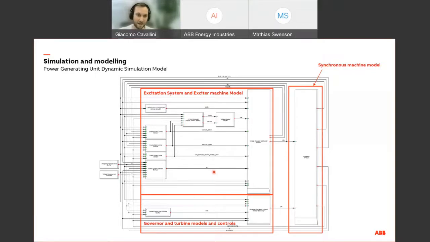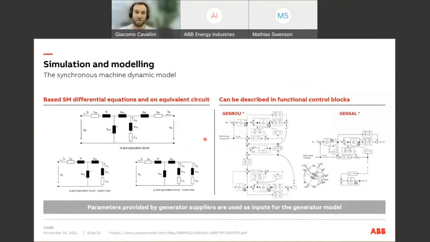When we talk about the synchronous machine model, normally we are talking about IEEE equivalents, or equivalents for the differential equations, of course. Here we have the equivalent circuit of the synchronous machine. On the other side, it can also be described in block diagrams and functional blocks, like, for example, the GENROU or the GENSAL.